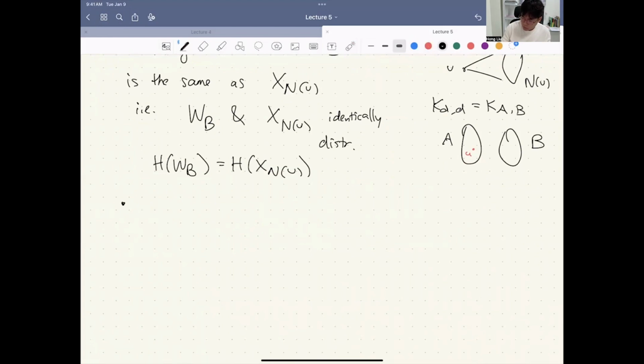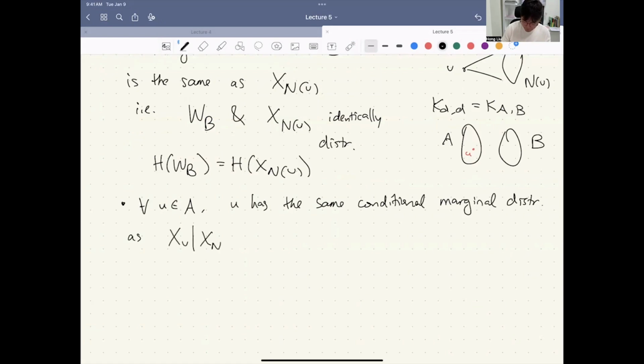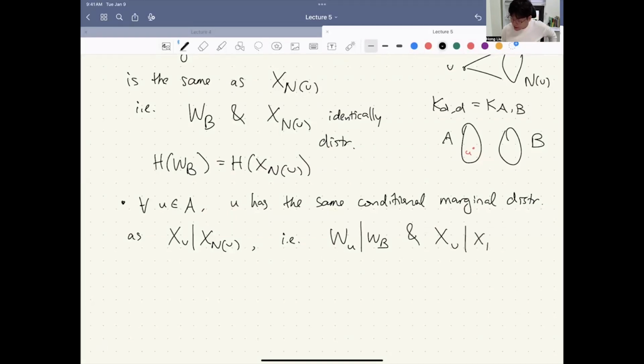Cool. In other words, WU conditioned on WB and XV conditioned on XMV are identically distributed.